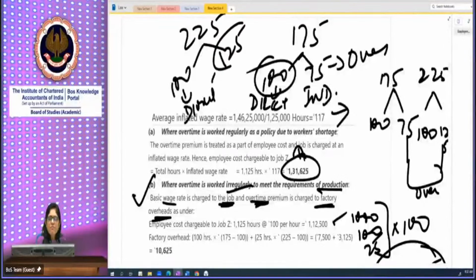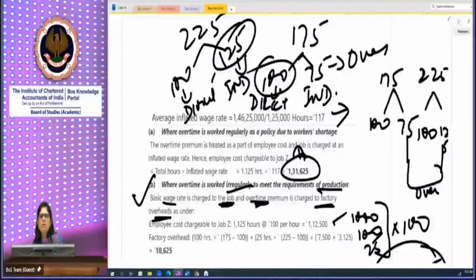Only the 125 overtime is indirect or overheads in case of irregularity of production. It will be charged as overhead to that department. But the basic, the normal rate, will always be charged to the production cost, the direct labor cost. I hope you have understood now, Bhumika.